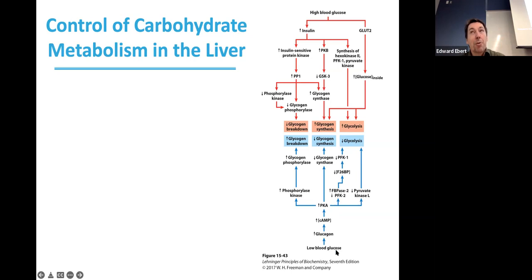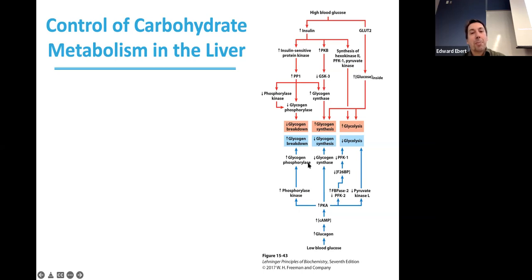Conversely, low blood glucose is going to see the release of glucagon, which is going to bind to its receptor and make cyclic AMP, which will increase levels of protein kinase A. We'll see increased phosphorylase kinase activity, a decrease in pyruvate kinase, a decrease in phosphofructokinase 2, and an increase in FBPase 2, so that we will inhibit glycolysis, we will inhibit glycogen synthesis, and we will promote glycogen breakdown.